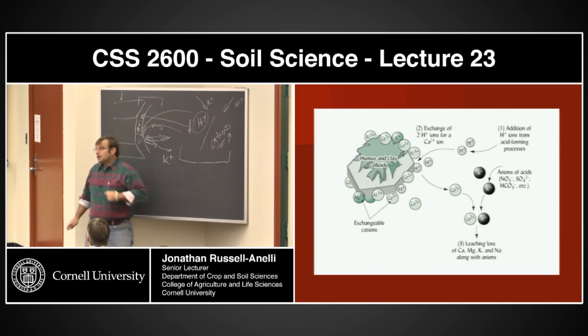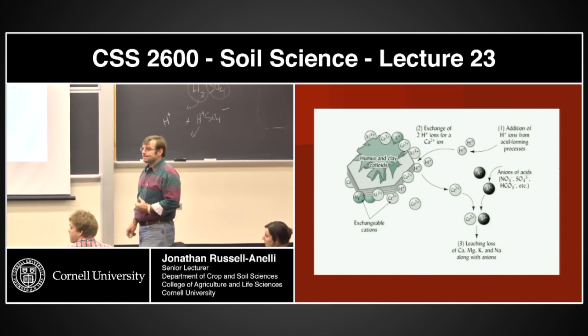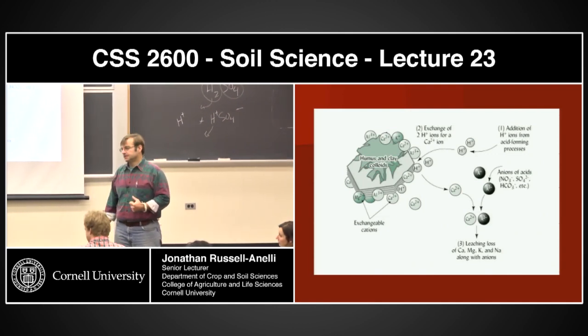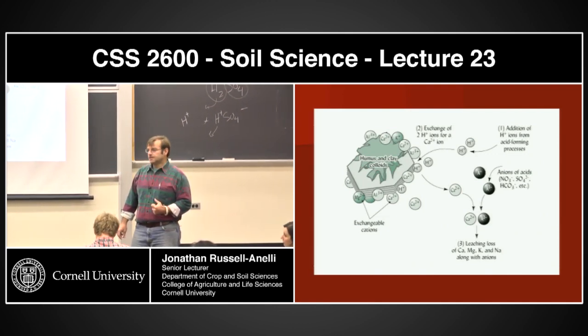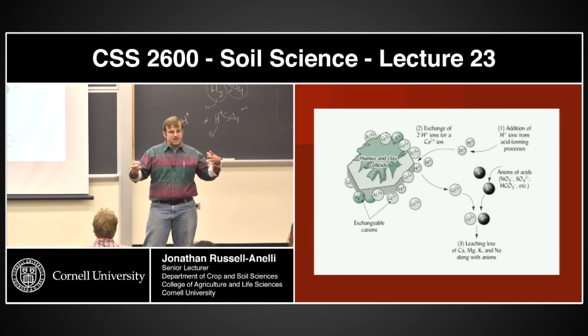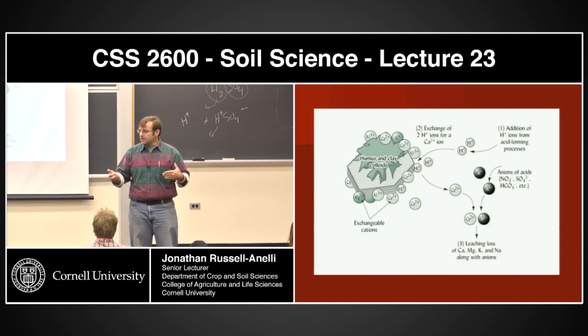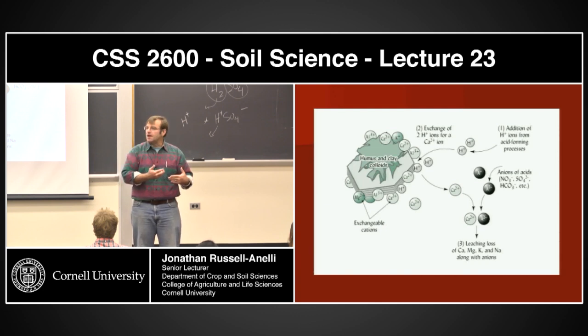Question? So potassium has a larger ionic radius than hydrogen. Yes. But that doesn't matter. It's just the mass action. So the question was, because potassium has a larger ionic radius than a proton does, certainly you would expect if it was a one-on-one exchange, the potassium would definitely bounce the proton off, and the proton would go into soil solution.